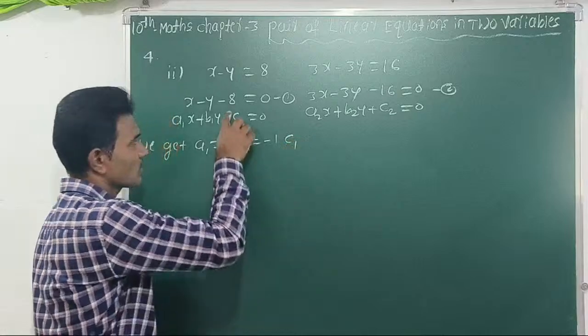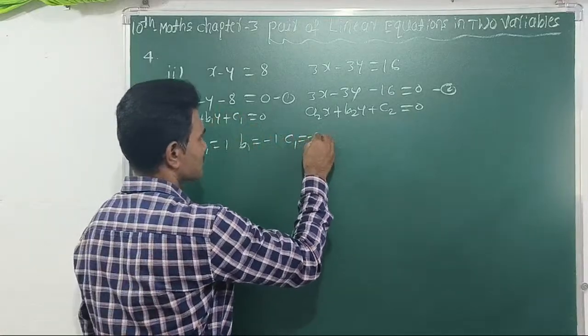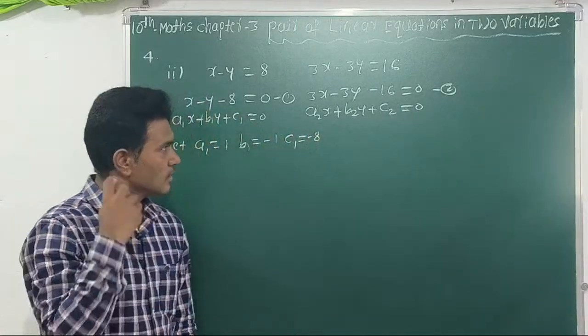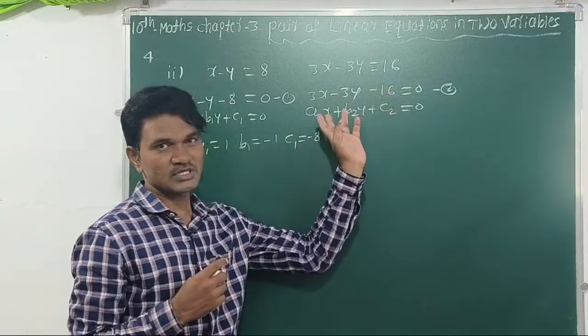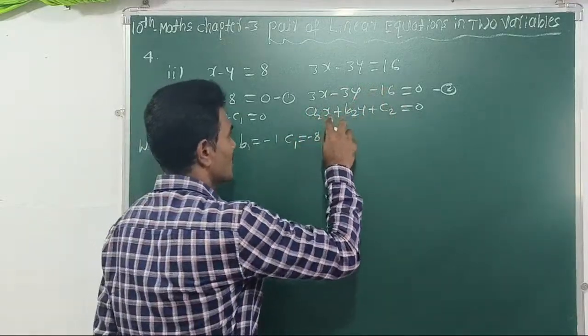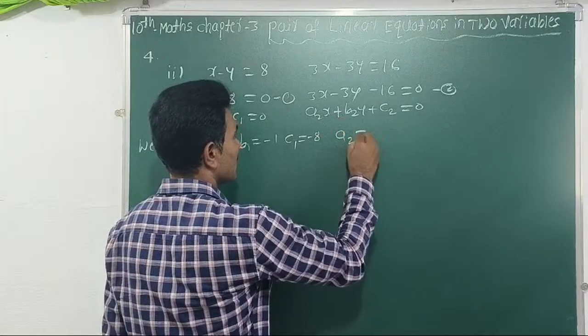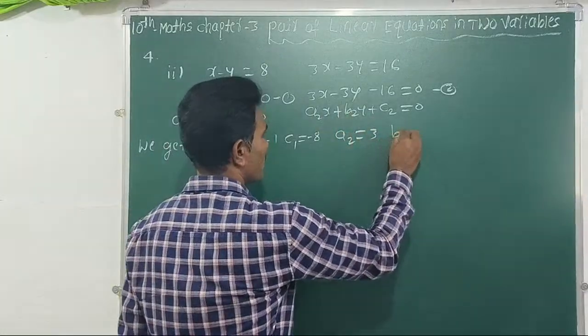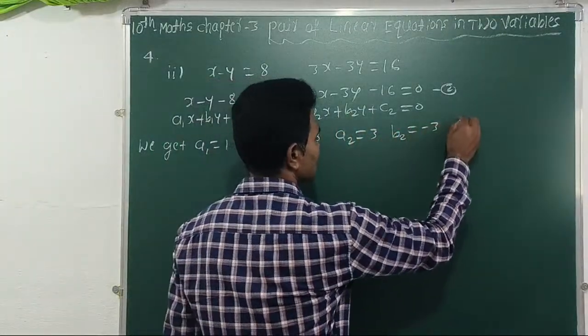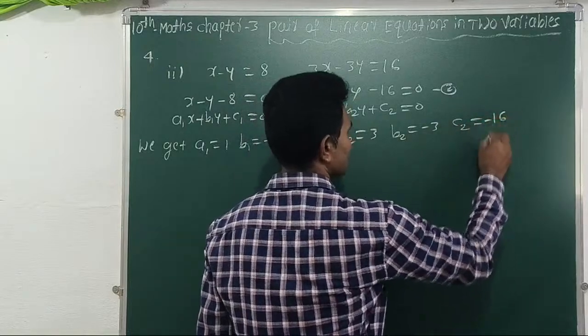What is c1? Constant is minus 8. Similarly, compare the second equation with the standard form. We get a2 is 3, b2 is minus 3, c2 is minus 16.